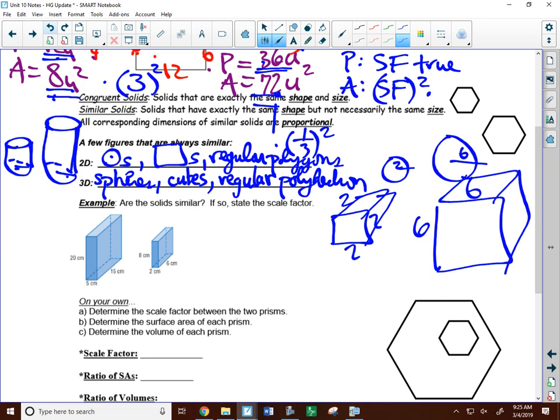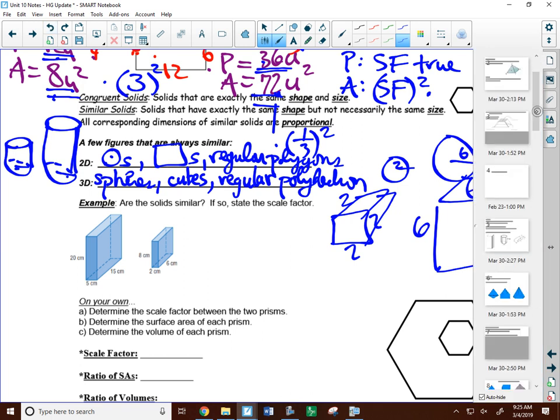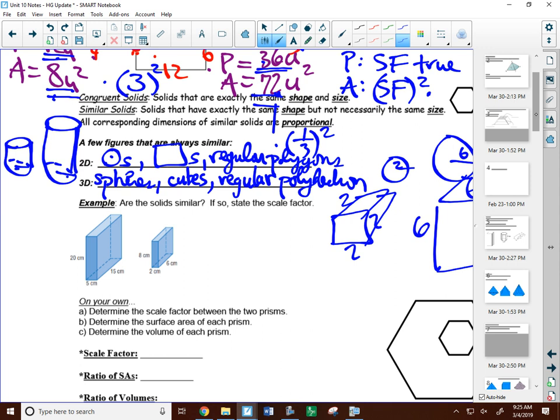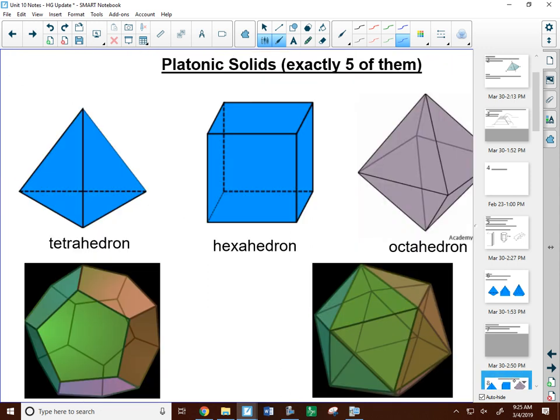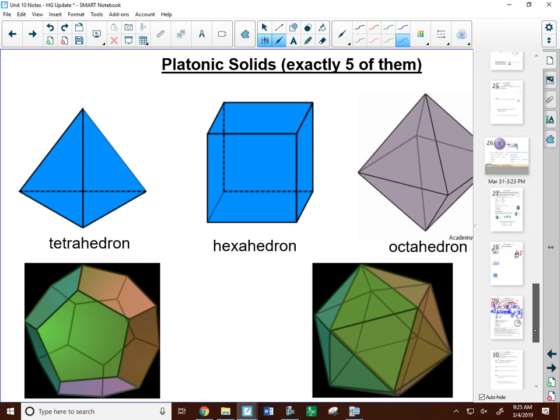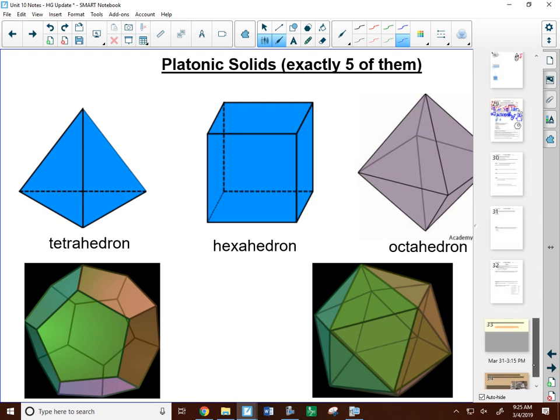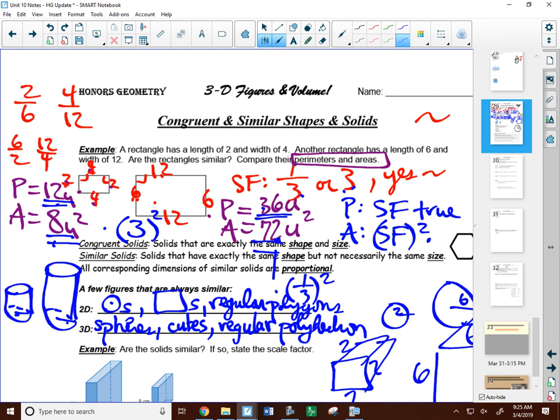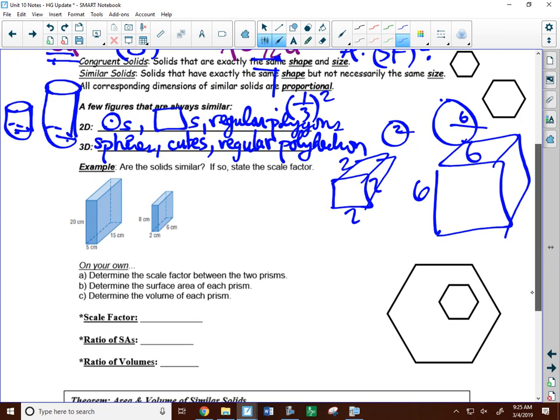I'll show you. It was this. Like that's made of all squares. That's made of all equilateral triangles. Octahedron. Yes. Okay.